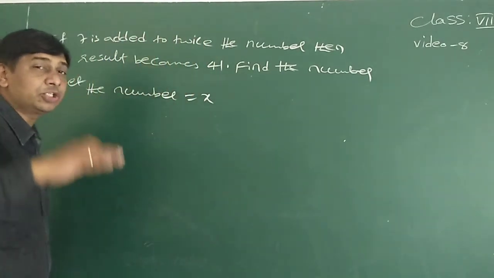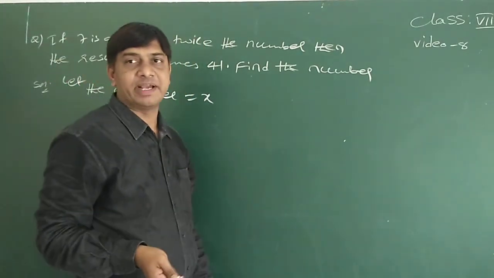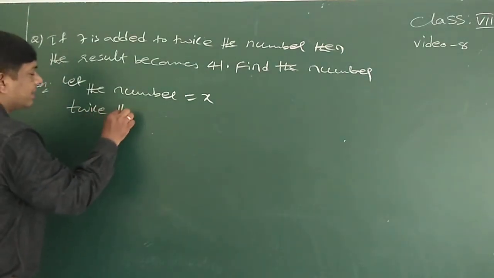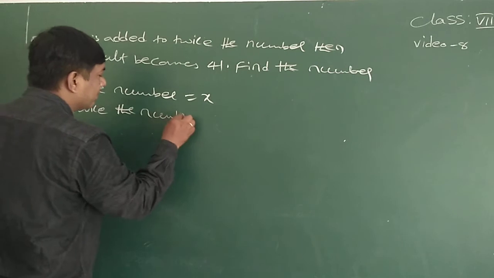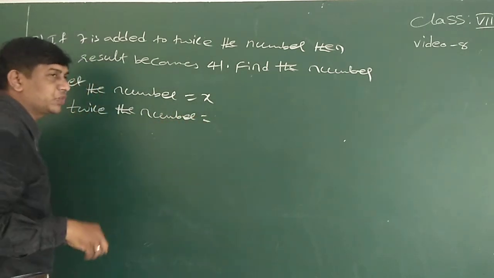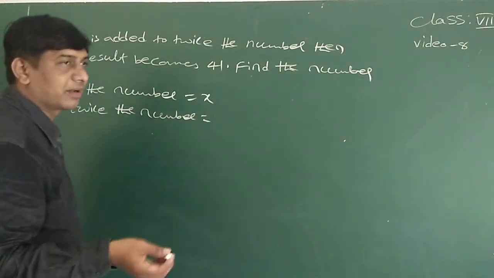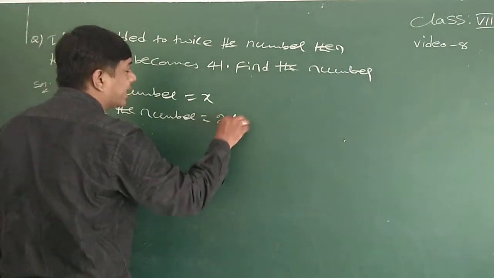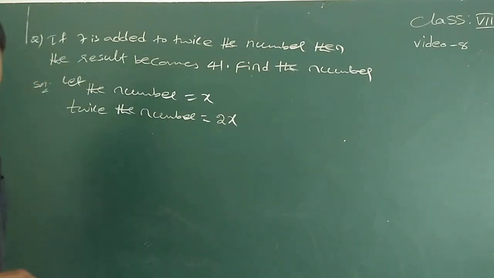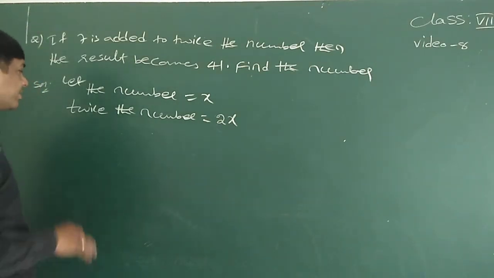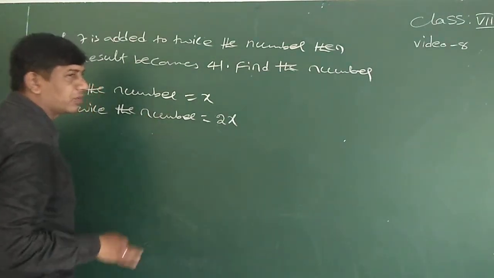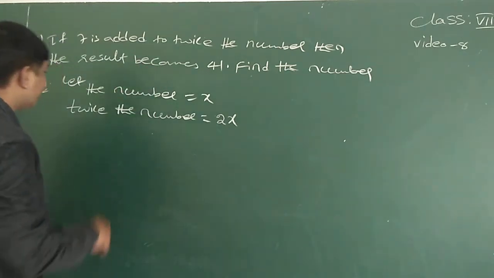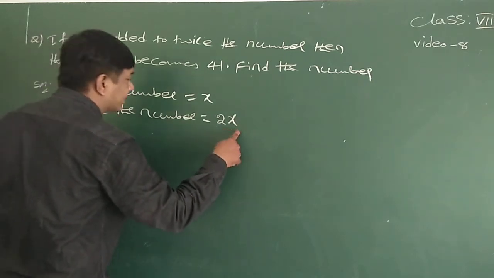Twice the number means 2 times, so twice the number is 2 into x, that is 2x. From the next problem onwards I won't write individual steps like this; I'll form the equation directly according to the problem.